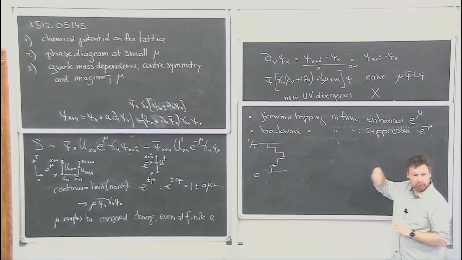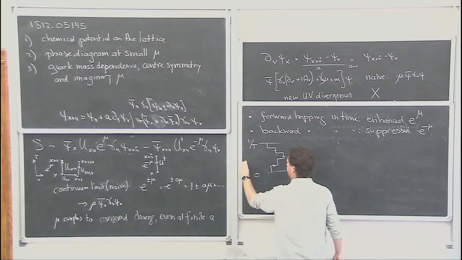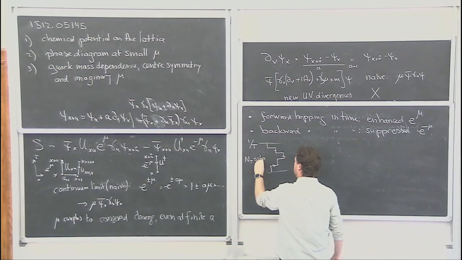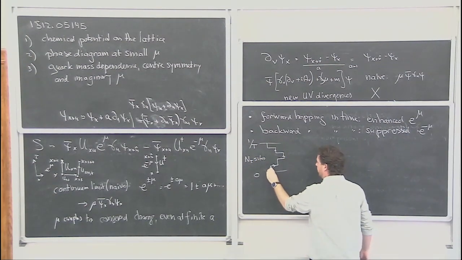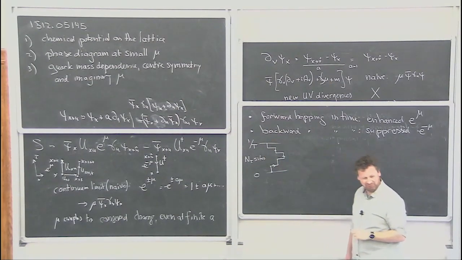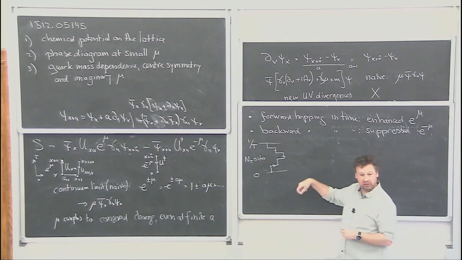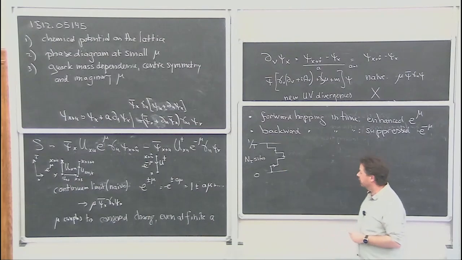So making a loop in the time direction around the lattice. Suppose I have sites in this direction. In this case, I would have 1, 2, 3, 4, 5, unfortunately an odd number. But so I wrap in this direction. The fermion wraps in this way around the temporal lattice direction.